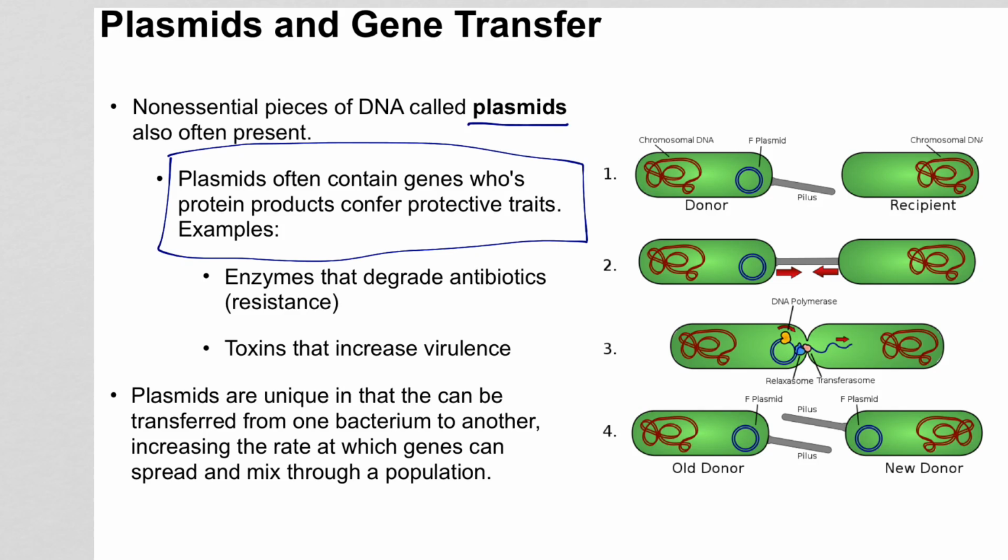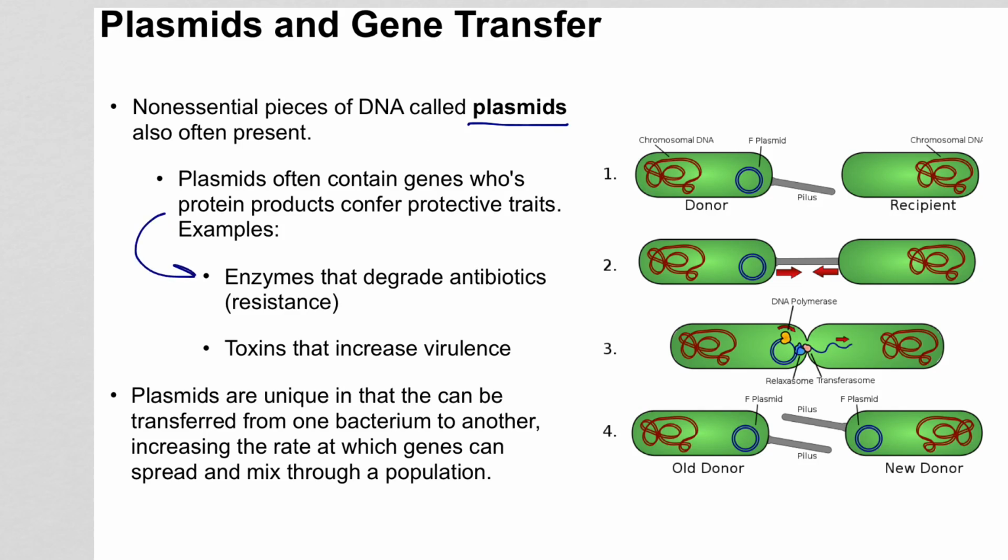Examples of this, genes on plasmids can code for enzymes that degrade antibiotics. This is the most common way that bacteria develop antibiotic resistance. If you treat a patient with an antibiotic, like penicillin, for example, but this bacterium has a plasmid that lets it produce an enzyme that can destroy penicillin, it's now resistant.